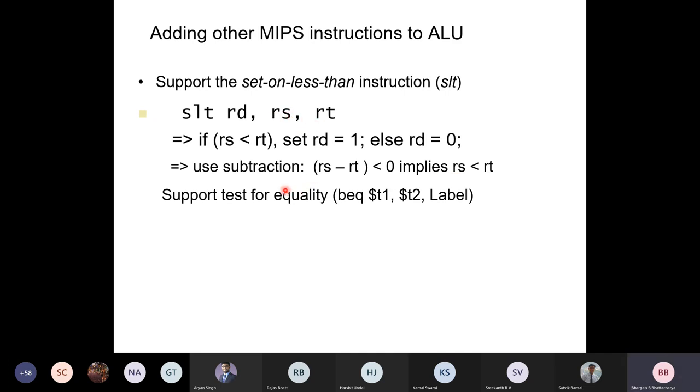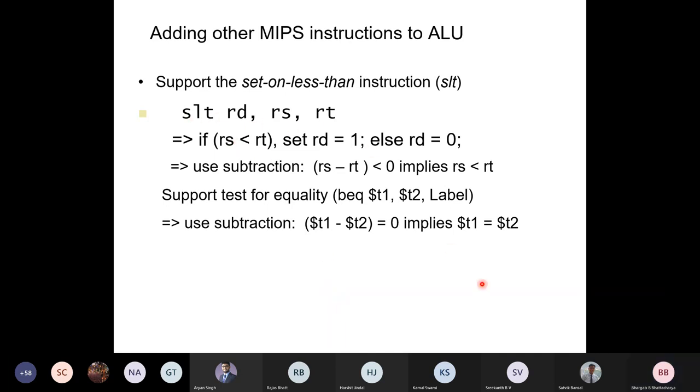We also want to support the test for equality, branch equal, and that also needs a subtraction operation. So if I want to implement set less than using 32-bit operands, I already have a processor capable of addition and subtraction. What additional data paths do we need to implement this? I need to do a subtract, and then what?